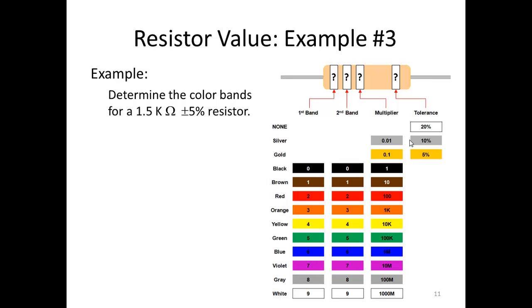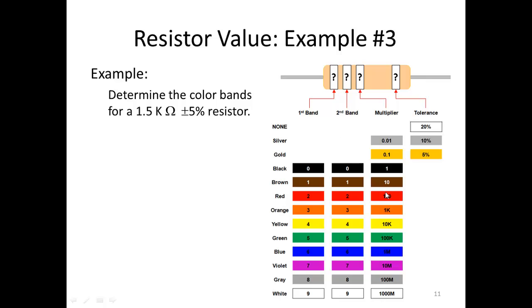So how would we do a 1.5 kilo ohm resistor, plus or minus 5%? Plus or minus 5%, that's easy. That's gold. 1 would be brown. The second number would be green, which would be 5. And now we need kilo ohms. So 1.5 times what would give us kilo ohms?